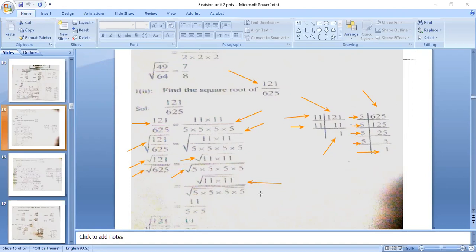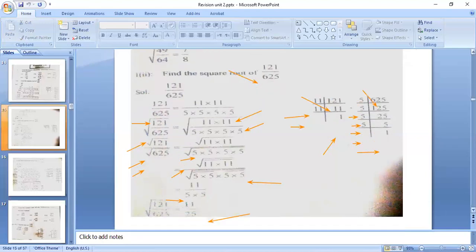Then we write one number out of each pair. It is 11, and from the 5 into 5, one 5 is there, and from the second pair 5 into 5, the second 5 is there. So our answer is 11 by 25. This is our final answer.